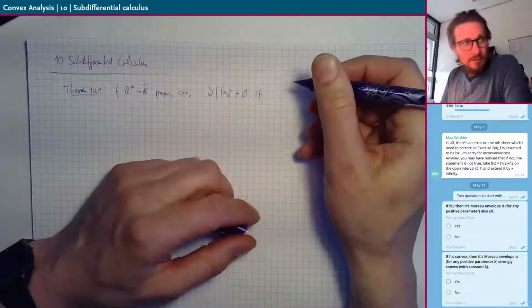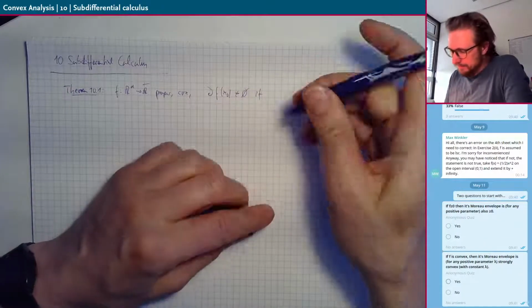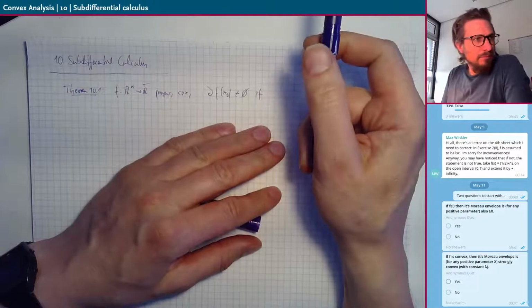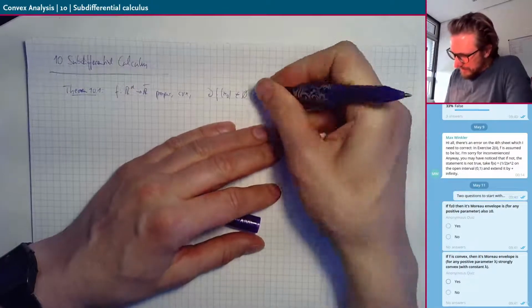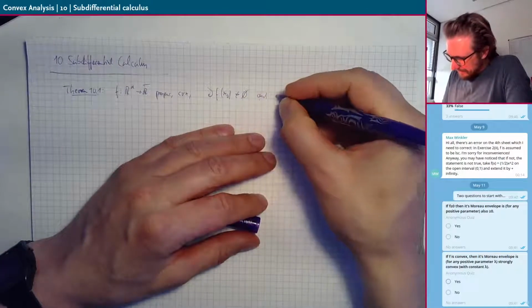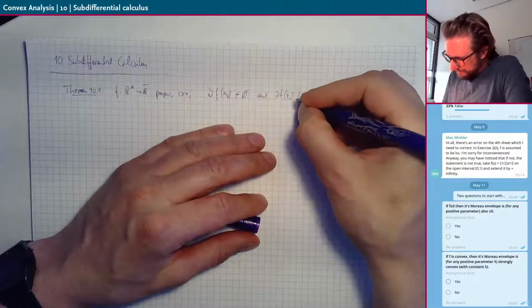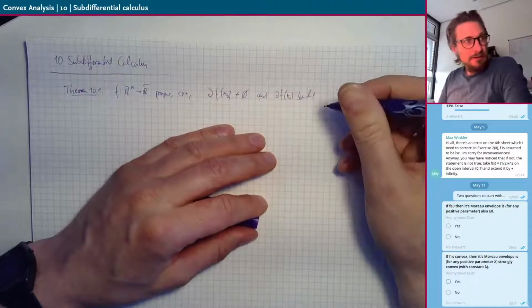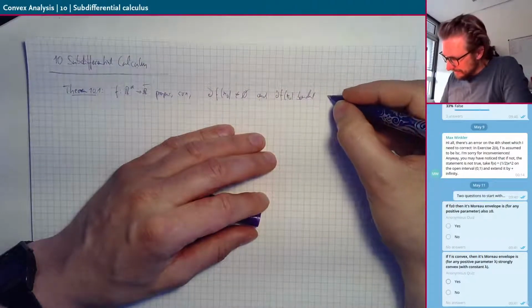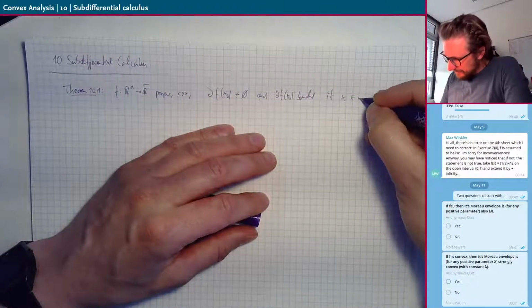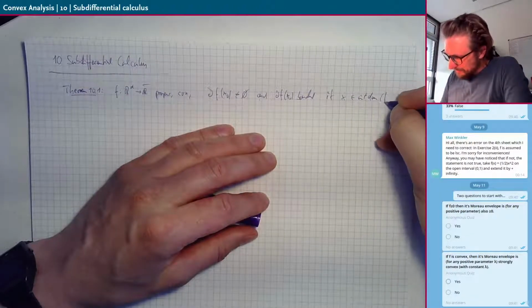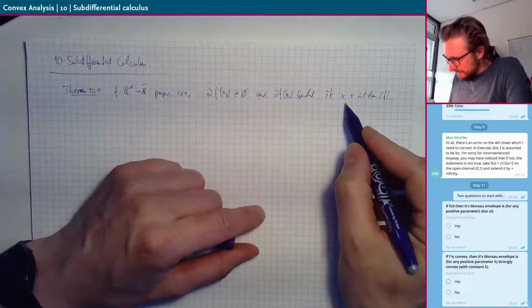Not always, but it is not empty, and it's also bounded as long as x is in the interior of the domain of f. So that is the important condition here.